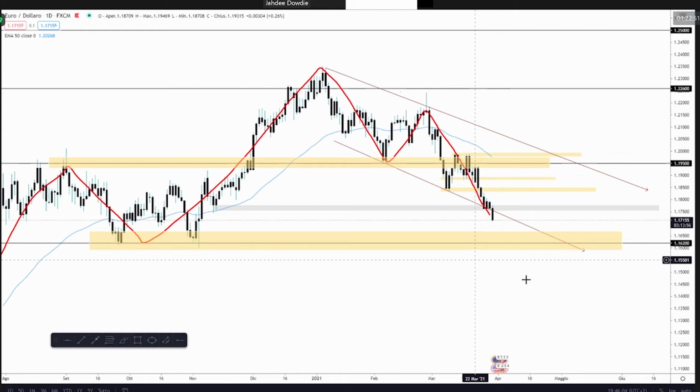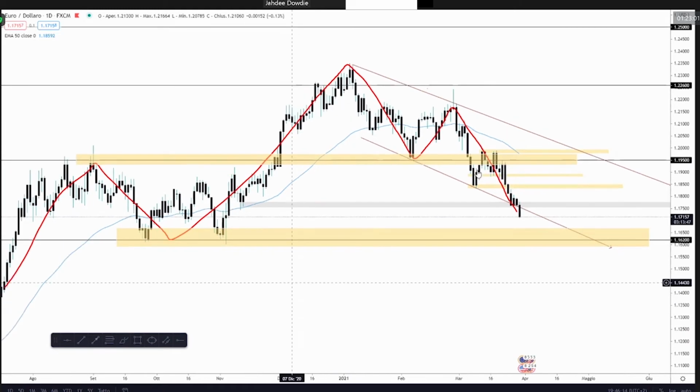Even if the previous support was broken and the price has made a few retests and then went down, to me, if this level holds, overall we are still in an uptrend.